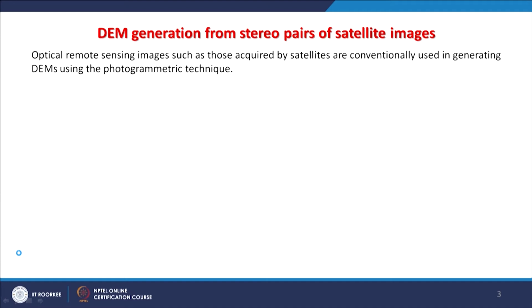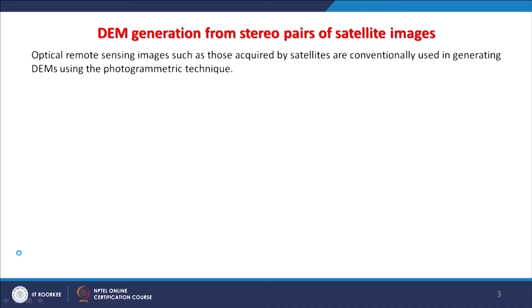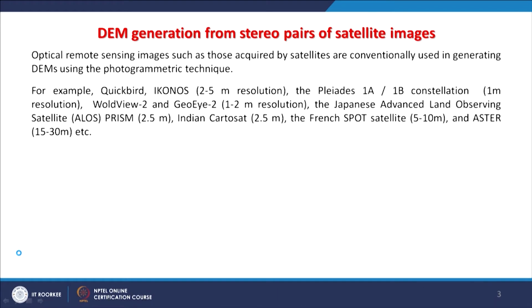As you know, for this you need optical remote sensing images acquired by satellites, and then, using photogrammetric techniques, we can develop digital elevation models. For example, there are various satellites.